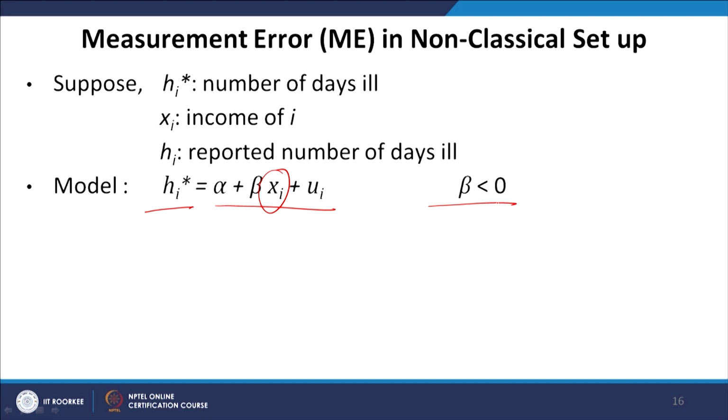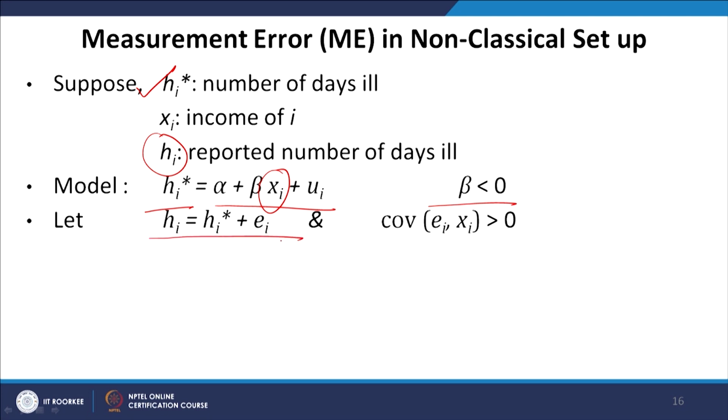That is, as income increases, the number of days a person remains ill actually reduces. But this is the reported number of days ill, which could be different from the actual number of days the person remains ill, and suppose this is how they are related: h_i is equal to h_i star plus e_i.